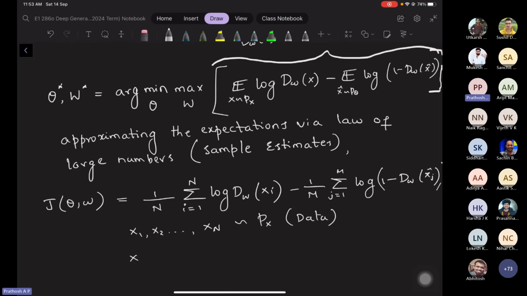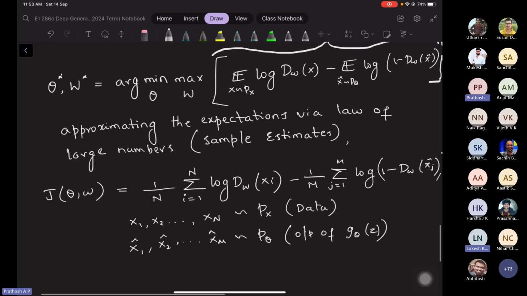And you have x1 cap, x2 cap up to xM cap coming from p_theta, which are the output of the g_theta network.